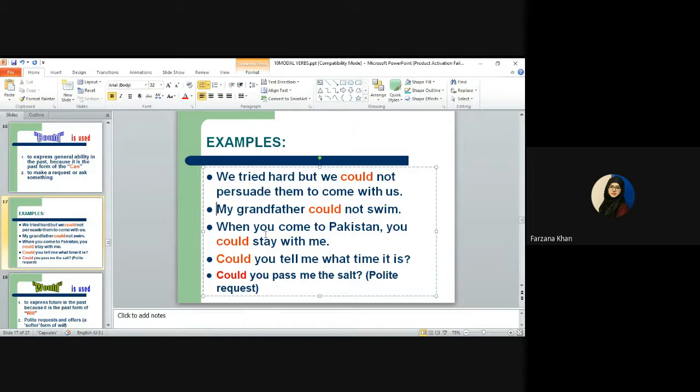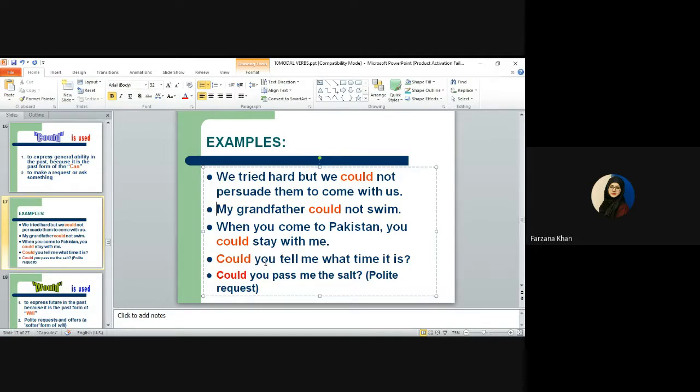So, at the same time, when we say that could is used in place of can in past tense, could can also be used to make polite requests, to ask something, to give permission in a polite way. So when you come to Pakistan, you could stay with me.